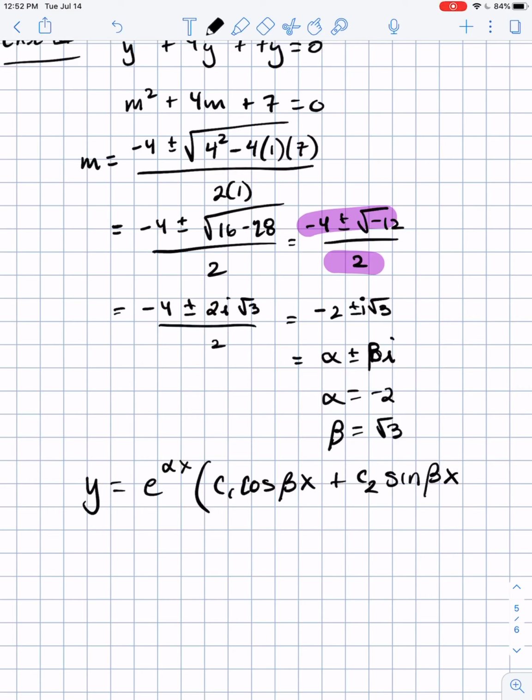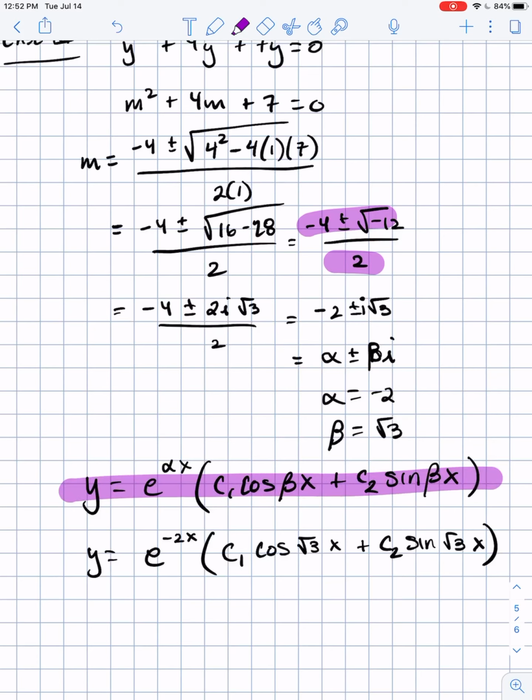So what we get for us is e to the negative 2x, parentheses, c1 cosine root 3 times x plus c2 sine root 3 times x. So it's a little bit different in the sense, but really if you know that setup, you will get that solution for your differential.